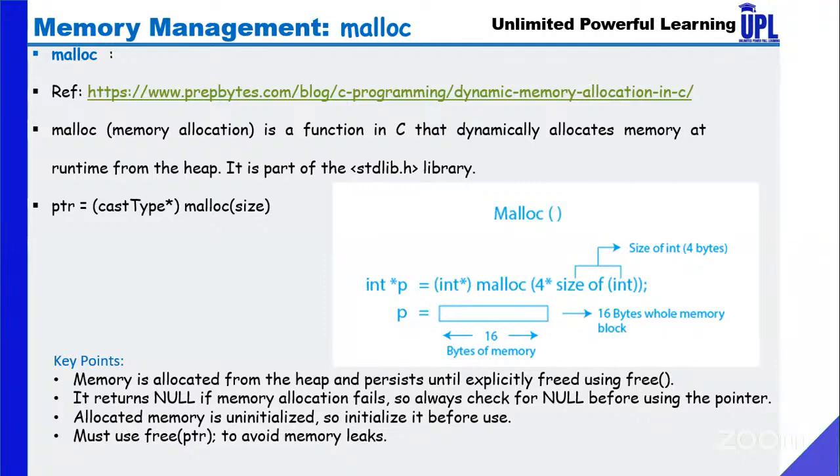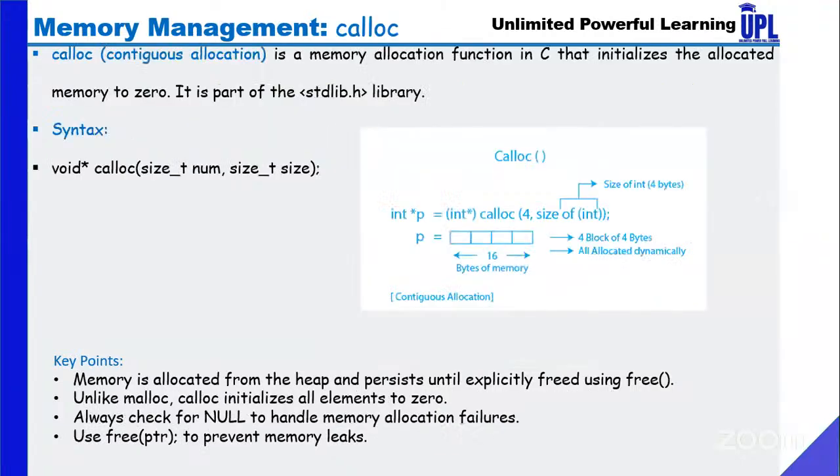So this is how we can do that. Let me do some coding after this, and we'll try to understand. Similarly, malloc is memory allocation, and calloc is contiguous allocation.